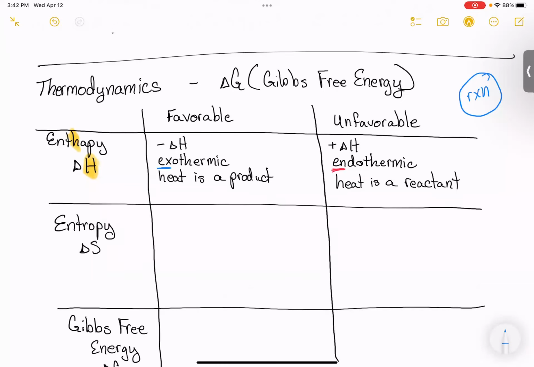Well, if more heat is leaving the reaction as a product, that means what happens to it is that it goes down, and hence you get the negative sign. Whereas if heat's a reactant, that means you have to keep pounding it. You're putting in a lot of heat. Therefore, what happens to my reaction is that the heat number goes up, and so it's positive.